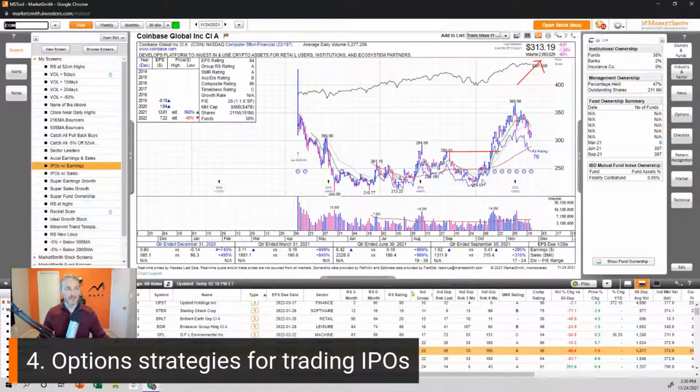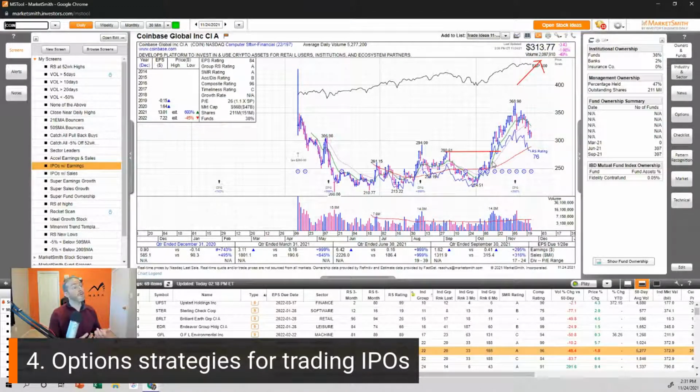So if I'm buying options and I'm using it as a stock replacement strategy, then that also means that I expect this to move relatively quickly. So I would want to be buying the options, right? And there's many different option strategies. I'm just sharing the option strategies that I would personally use.